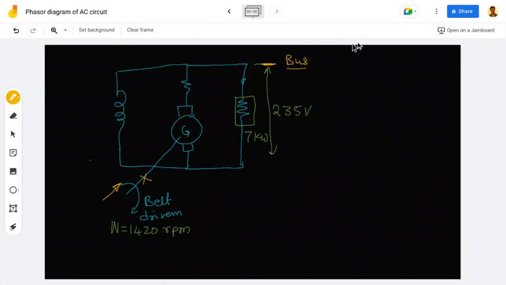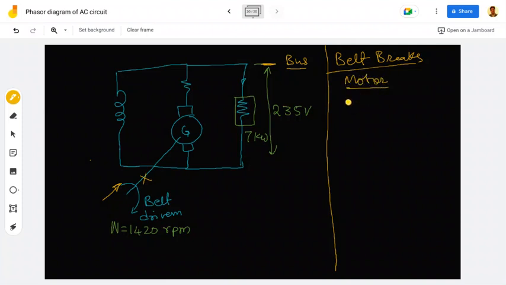So see, this is on generator mode. So the belt is broken, and therefore it is motor operation. Now the input power is 1 kilowatt.